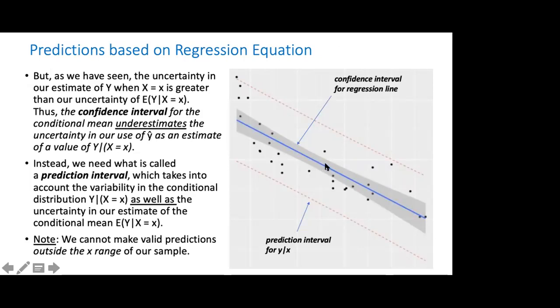But usually there's an error that we're making in the regression line. So predicting the mean of some conditional distribution is much smaller than the actual deviation of the outcome values from the true regression line.